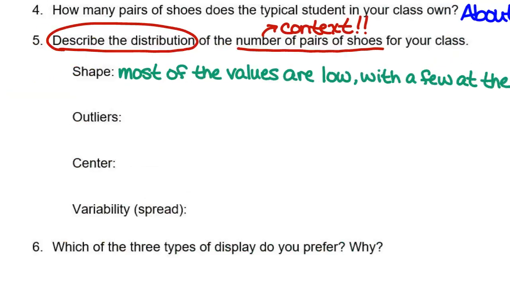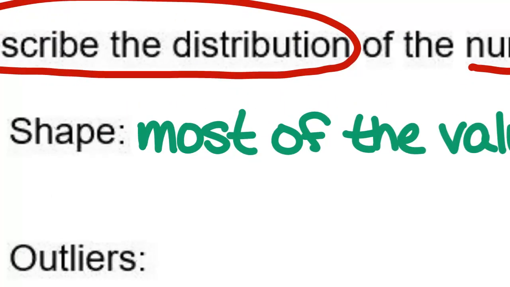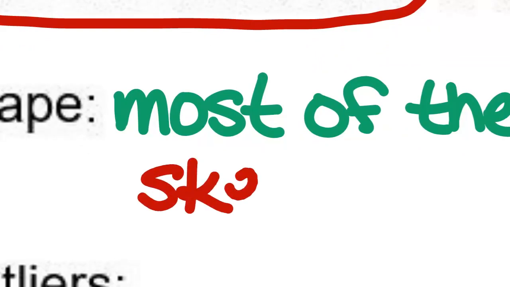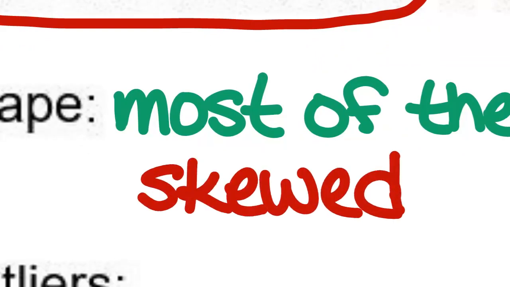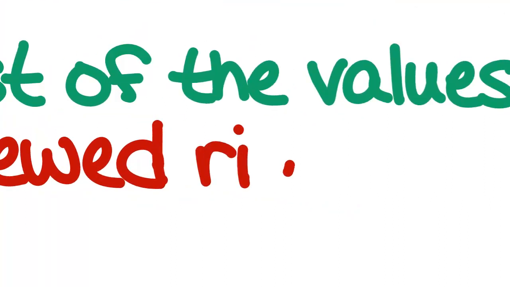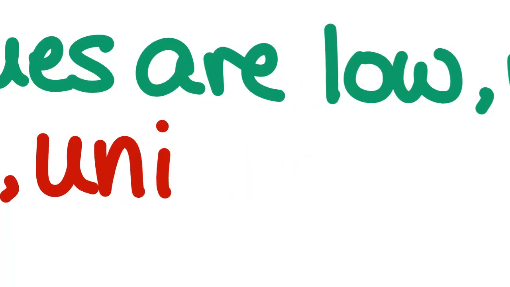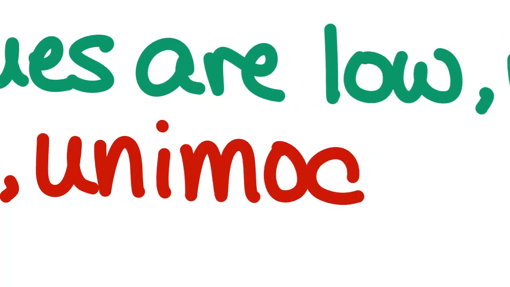So things that I would want to make sure to mention if I'm talking about the shape. I would say that this is skewed right. I'll explain what that means here in just a second. Unimodal.